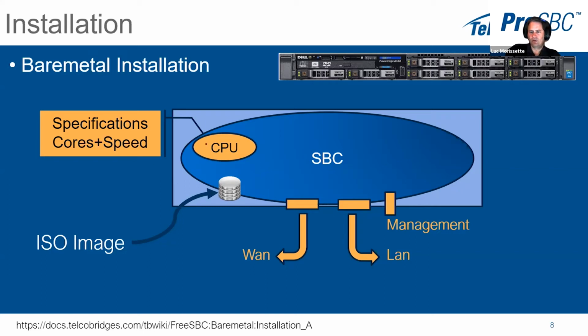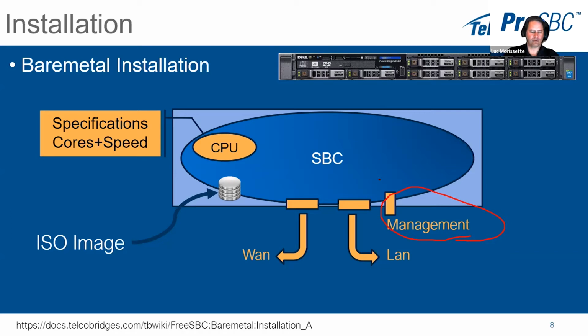Then there's a CPU running here in the SBC, which has a number of cores and a speed for each of these CPU cores. And this will tell you what performance you can achieve with this system. You always have a management interface to connect to this SBC. This one is not protected by the SBC, so it goes directly into the CentOS kernel.